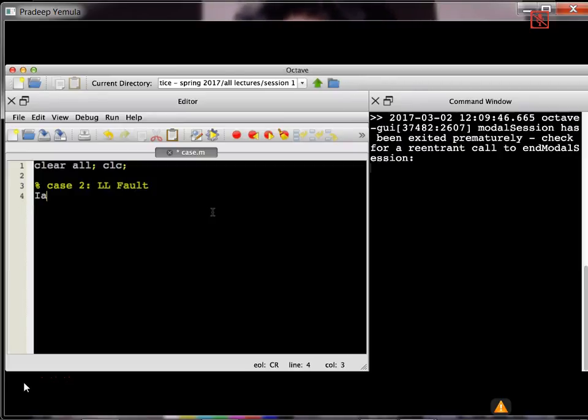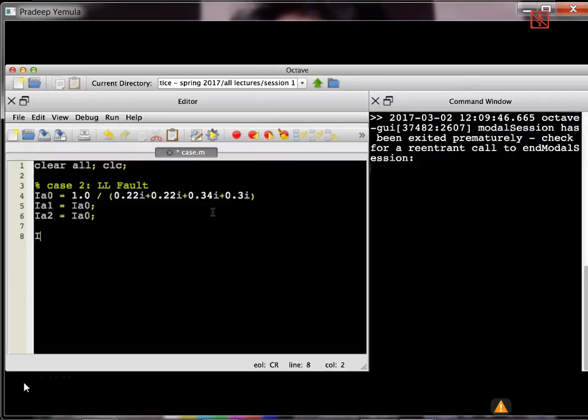So IA0 equal to 1.0 divided by j0.22, or I have to give 0.22i plus 0.22i plus 0.34i plus 0.3i. So this will give me IA0. So IA1 equal to IA0, IA2 equal to IA0. So all three currents are equal.